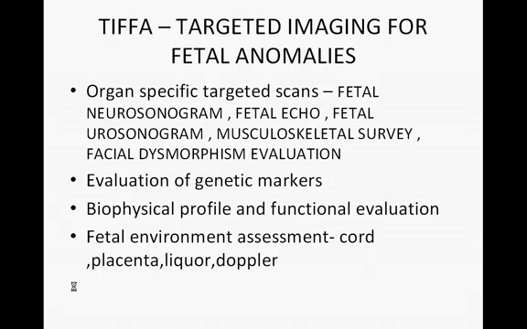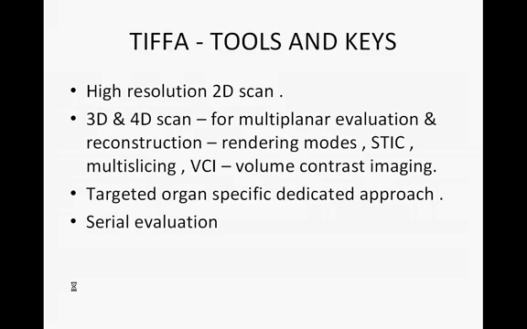So in short, targeted imaging for fetal anomalies covers all these things. It's an organ-specific targeted approach. You have to evaluate the genetic markers, you have to have a biophysical profile and assessment of the fetal environment. What are the tools and keys for TIFFA? The first and fundamental is a high-resolution two-dimensional scan. Nowadays, the resolutions of the scans have improved so much that the clarity is astonishing.